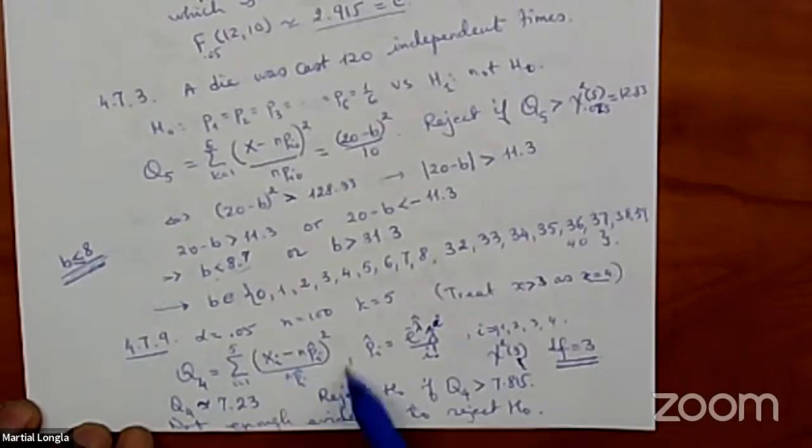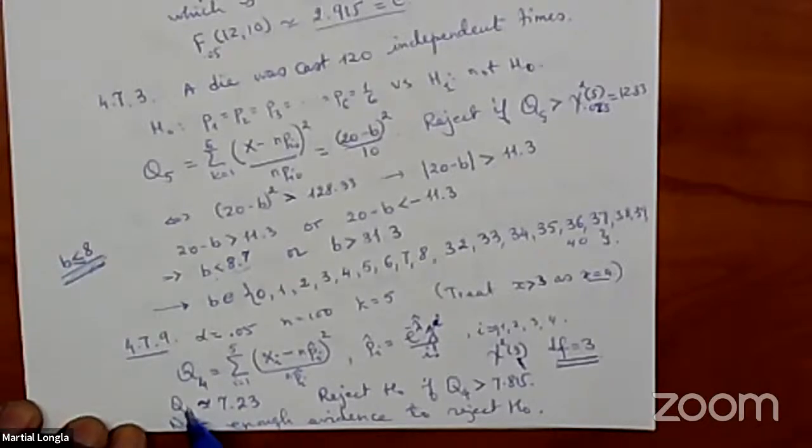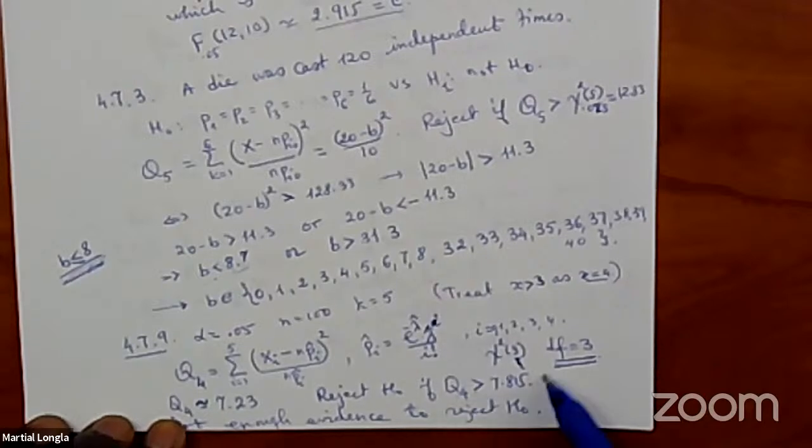So you compute this thing using these formulas to get the p-hats, and you get that your Q4 is approximately 7.23. And your criterion would be reject H naught if Q4 is larger than chi-square 3.05 at that level, which is 7.815.